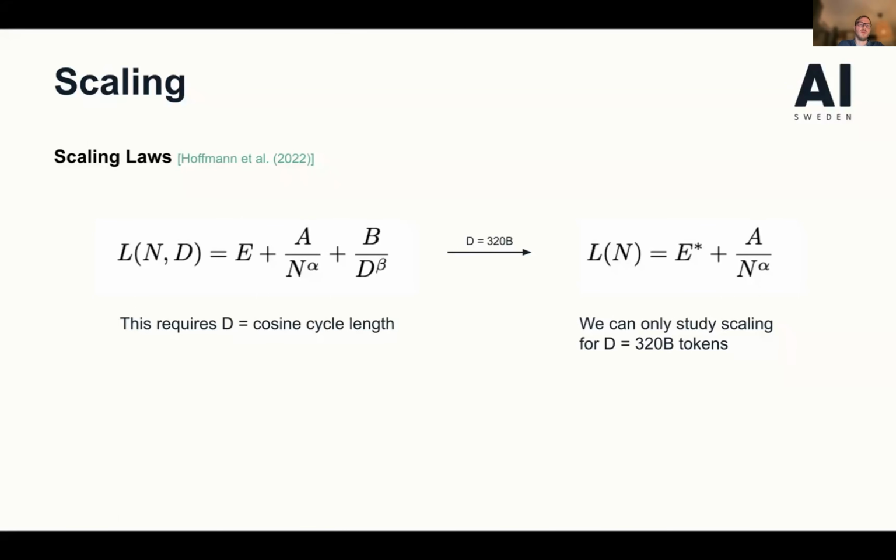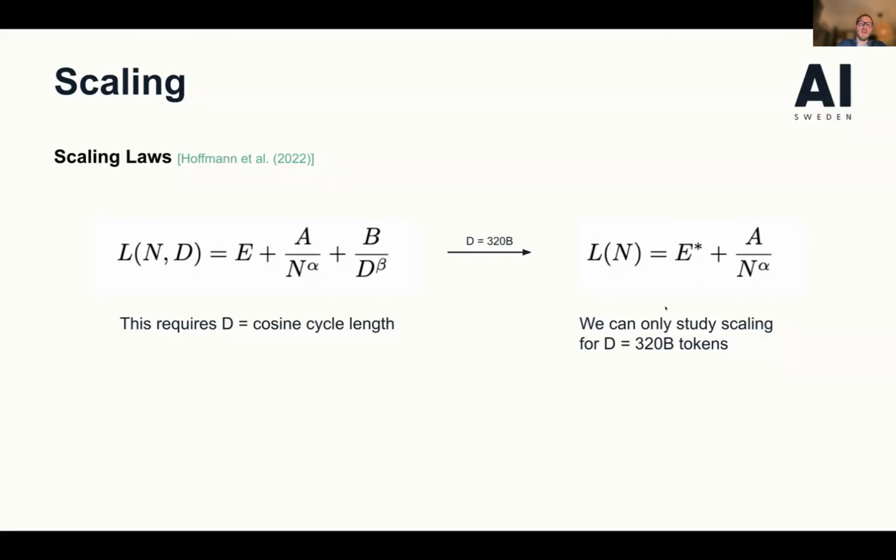That is exactly the difference between Chinchilla and the Kaplan scaling paper. In our case, though, the cosine cycle length was always 320 billion tokens. So we can only analyze scaling for exactly this dataset size.